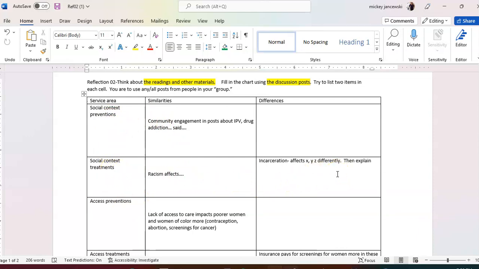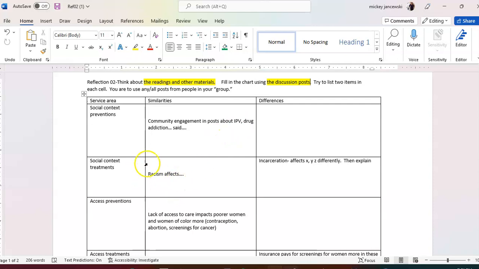In social context, what I'm asking you to do is to think about what you've read and look at the discussion posts from your group members and try to find similarities in the social context elements. So, for example, perhaps community engagement appears in posts about interpersonal violence and drug addiction, and you might say, community engagement in posts about IPV and drug addiction said, and you'll talk about what was similar and what they said about community engagement.